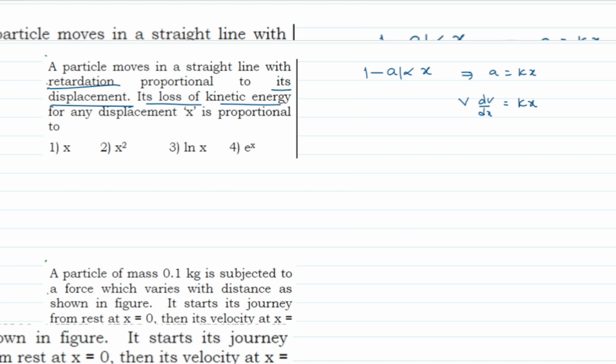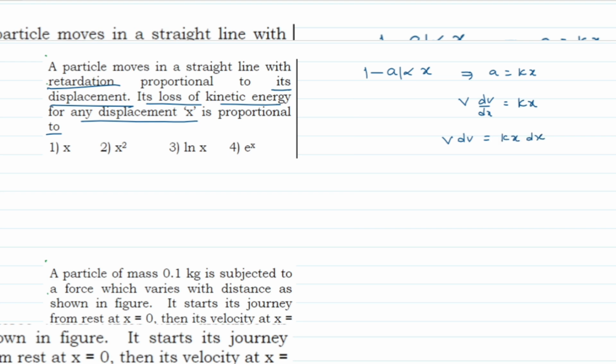It loses kinetic energy by any displacement x proportional to, they are asking. So kinetic energy they are asking, we need to calculate the kinetic energy, then v into dv will be equal to k into x into dx you can take.